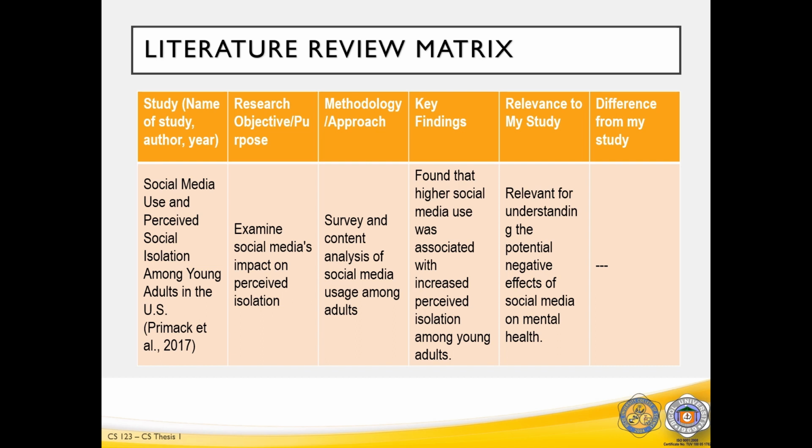You should establish that there is novelty in your study and it's not a duplication of research. That's why this column is provided in here. Then what you would do is to submit your literature review matrix in the LMS. I'll be providing the submission link for that.